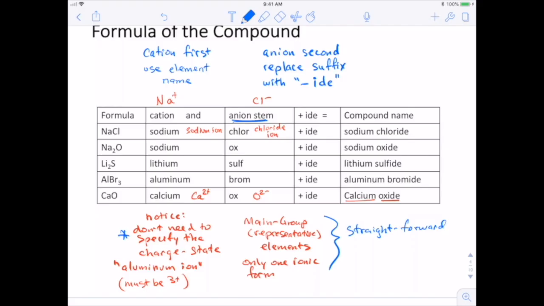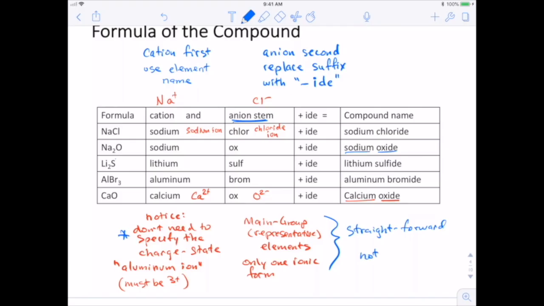For sodium oxide, right, in its name, it's not telling you that there's 2 sodium ions for every oxygen ion or oxide ion, right? That's not in the name, but you can tell that from the fact that these are main group elements, and you can easily deduce what their charge state will be by looking at the periodic table, right?